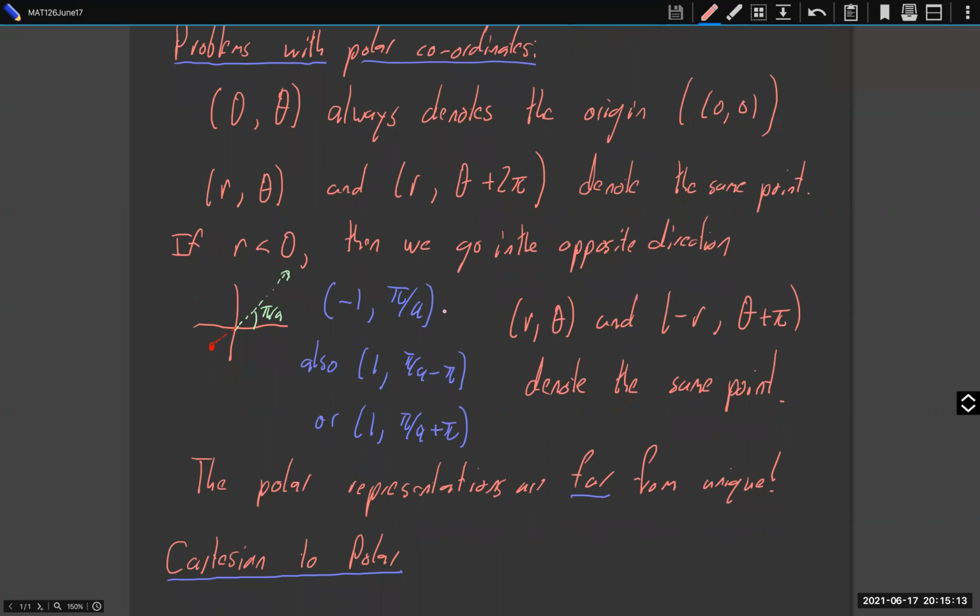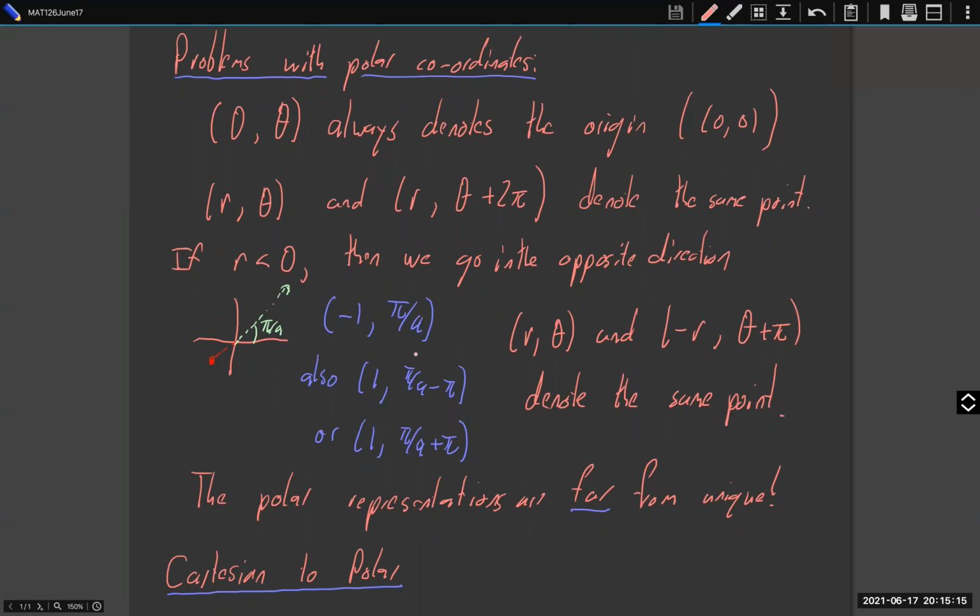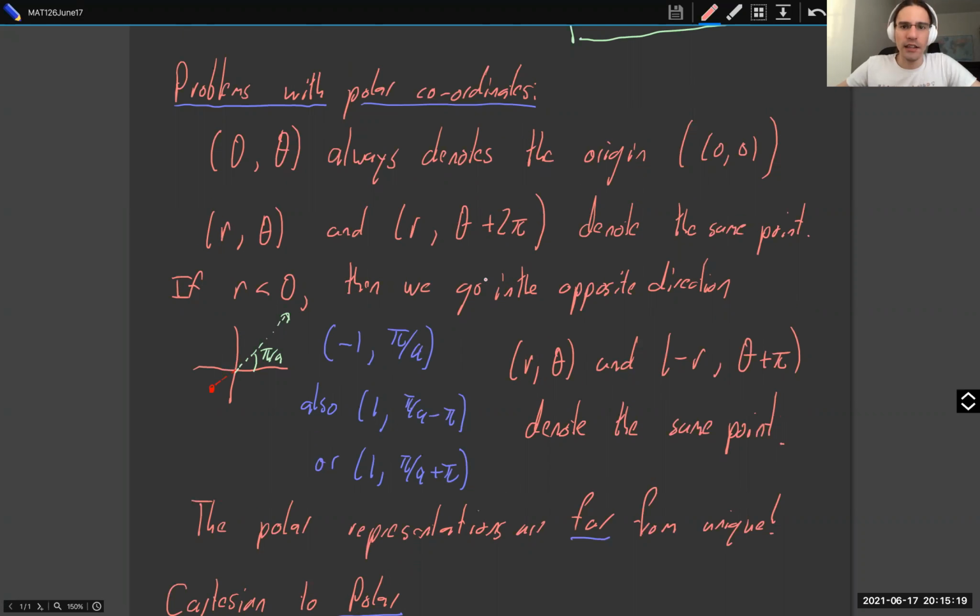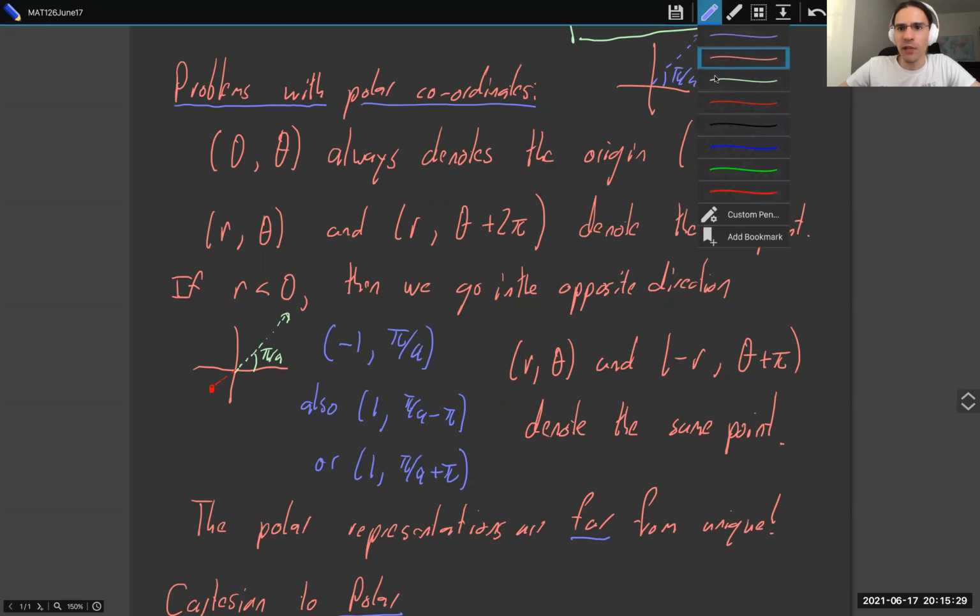When you say go in the opposite direction, can you just explain that one more time? Right. So let's look at the ray at angle pi over 4. Let's consider the point (1, pi over 4). The angle is pi over 4, and I go a distance of 1 along this ray, right? So I get this point. Does that make sense?